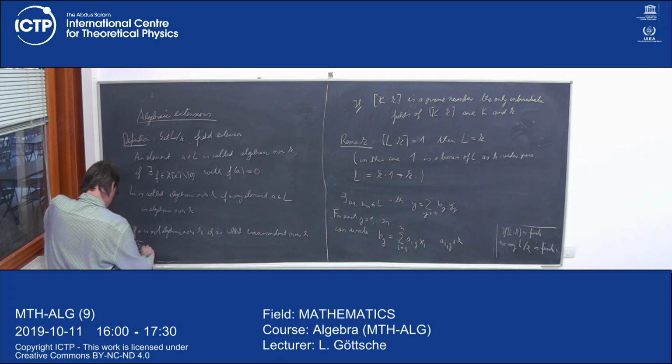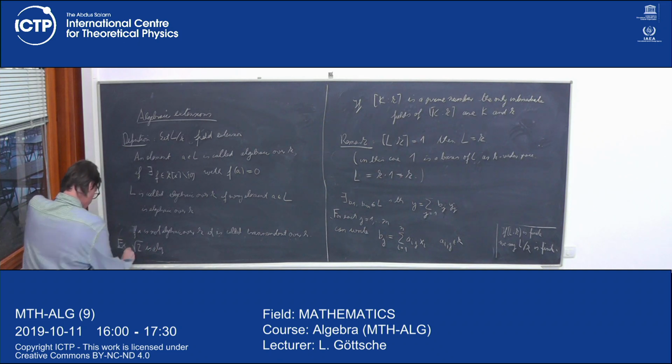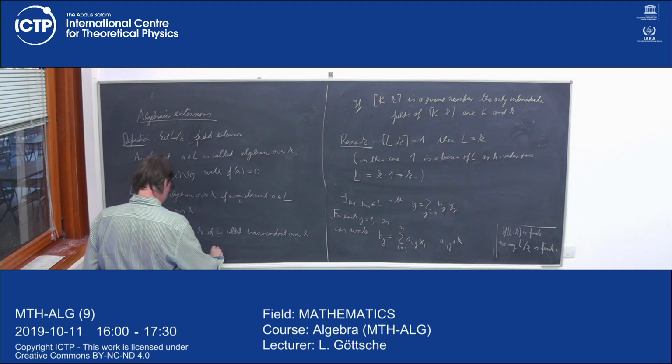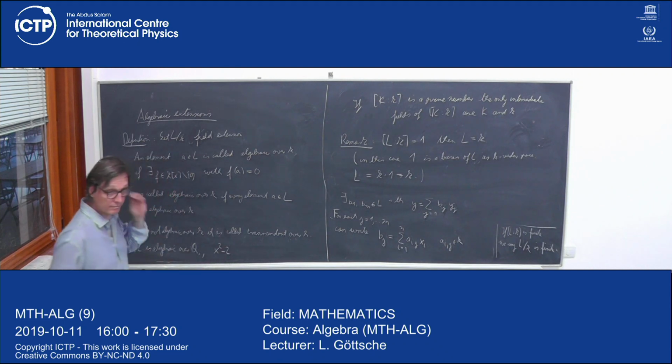Square root of 2 is algebraic over Q, because obviously the polynomial would be x squared minus 2.